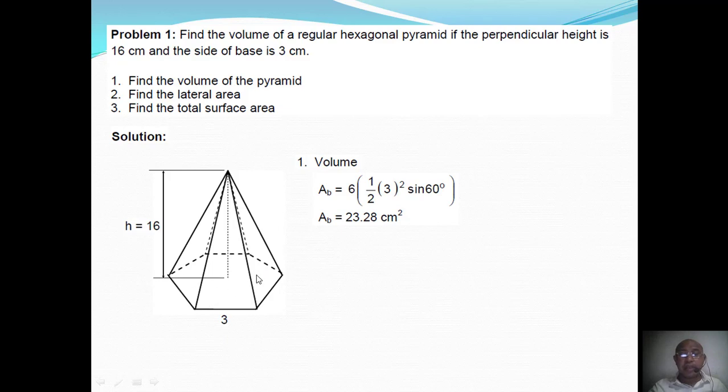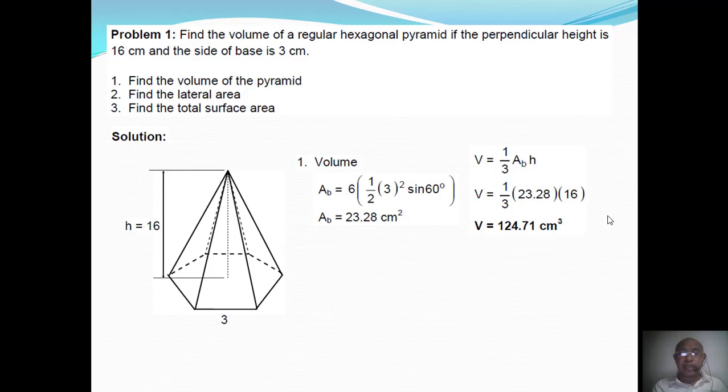If we divide the hexagon base into triangles, each triangle is equilateral with sides 3 cm. So the area of the base is 23.38. So we can solve for the volume. 1/3 area of the base times the height. So that is 124.71 cubic centimeters.